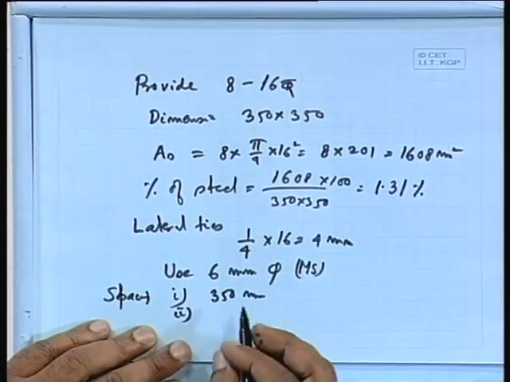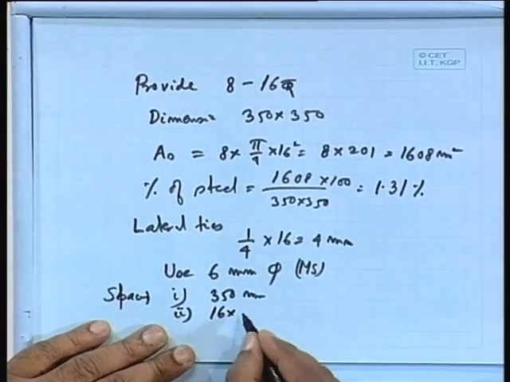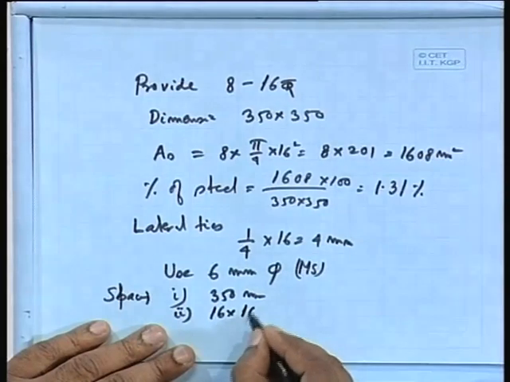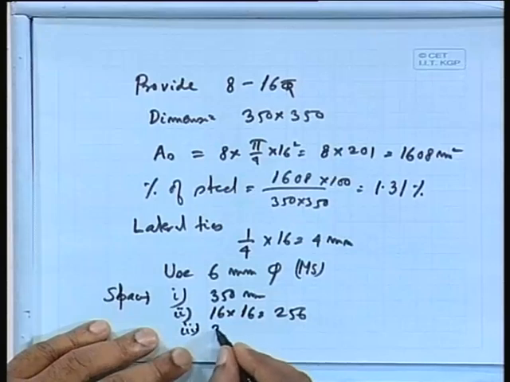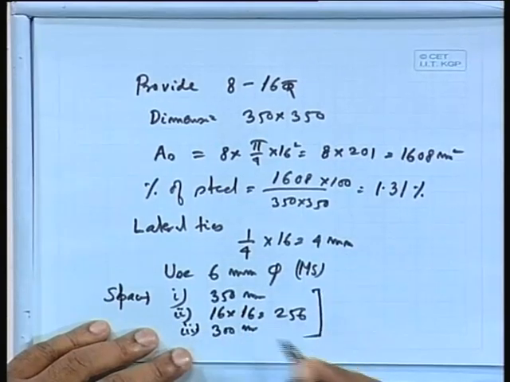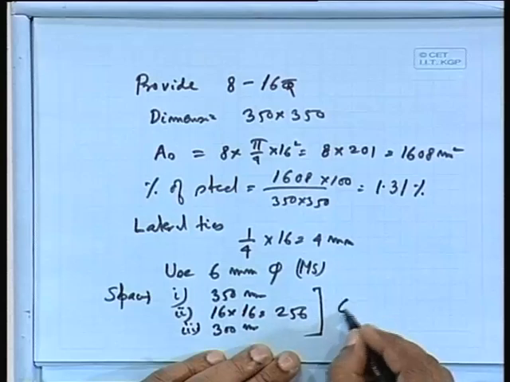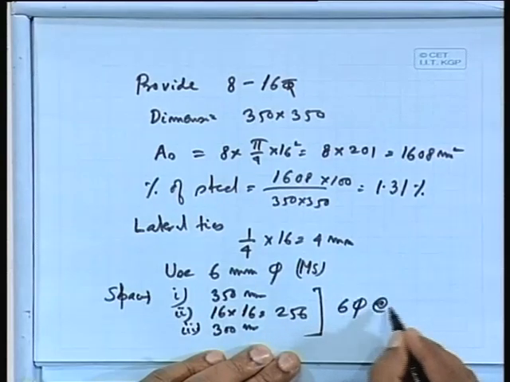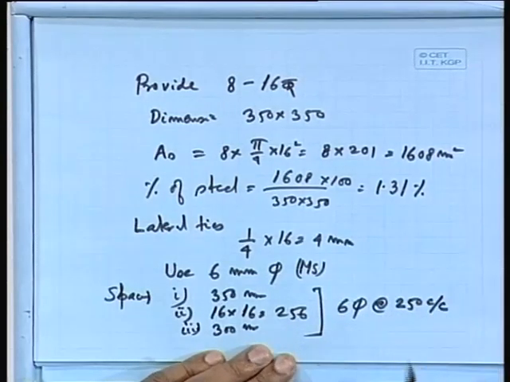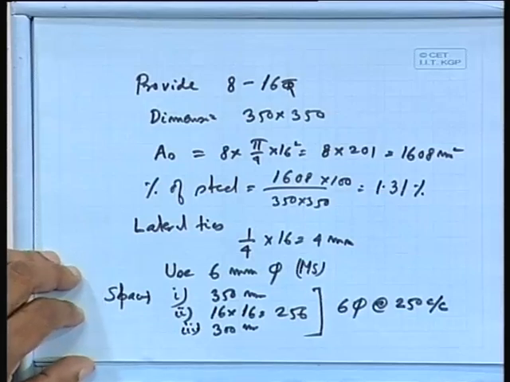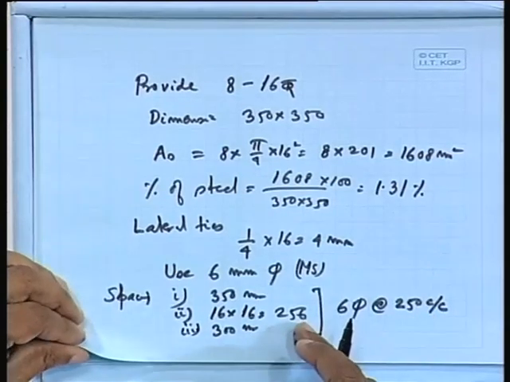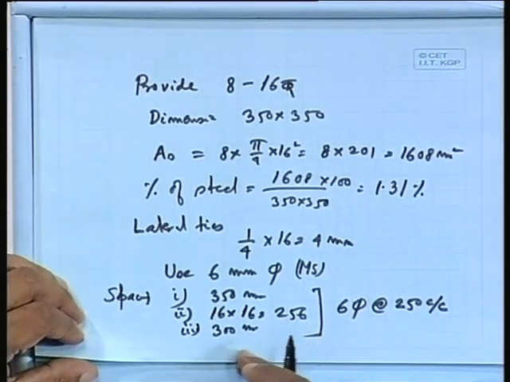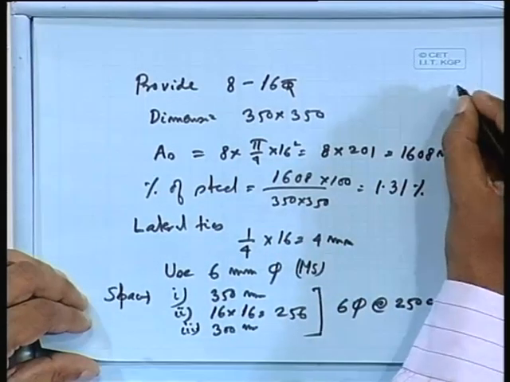Number 2, 16 times the diameter, which is coming as 256, and number 3, 300 millimeter. Out of that, 256 is the minimum. So let us provide 6 phi at the rate of 250 center to center. It should not be more than 256, so here it is 250. So this is the one we can do.